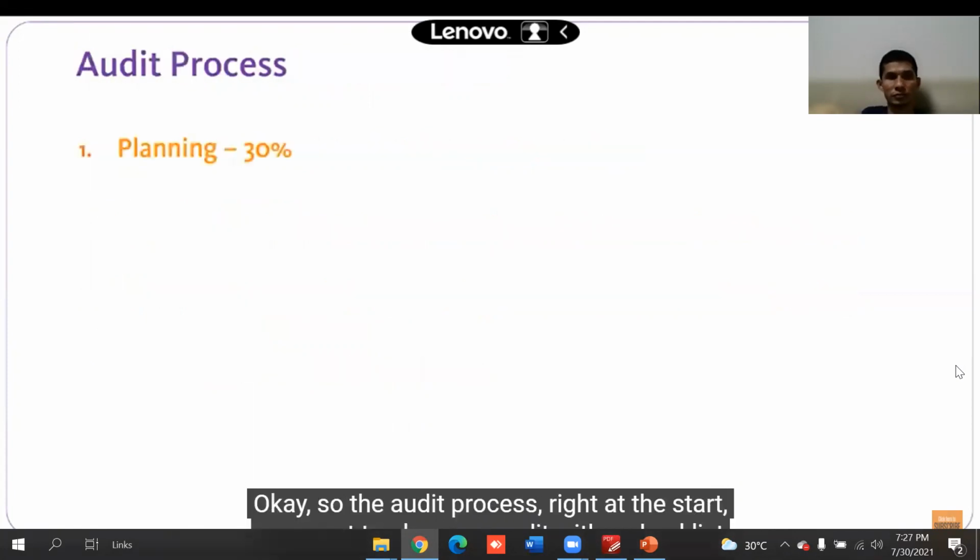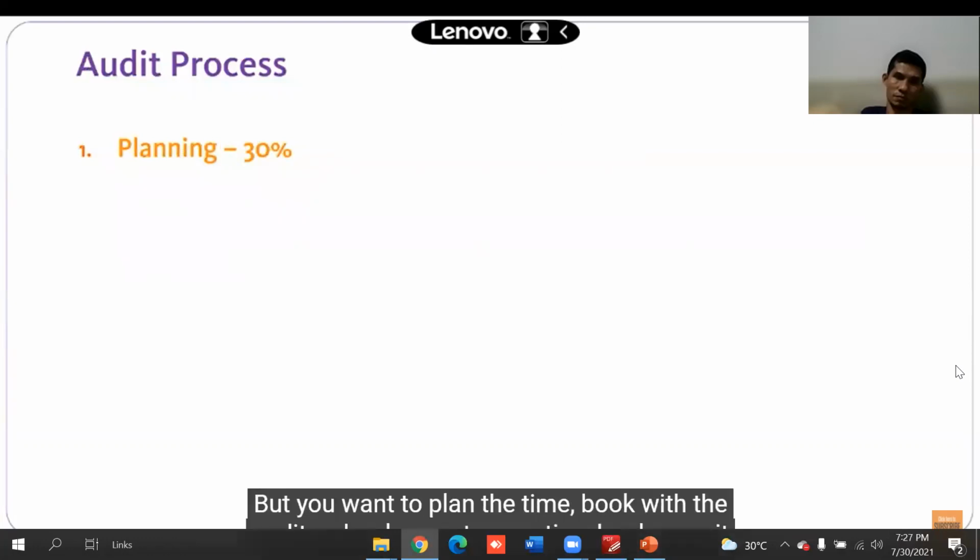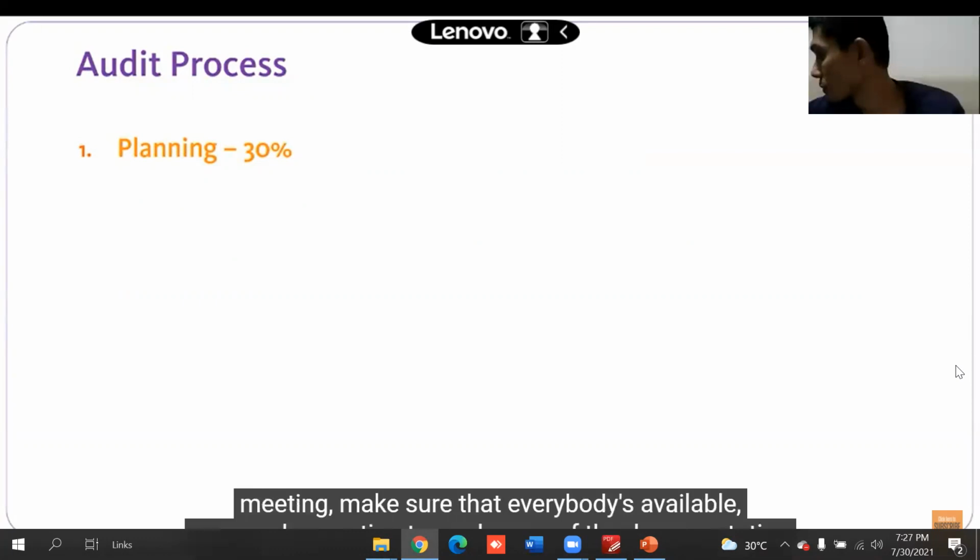Okay, so the audit process, right at the start, you want to plan your audit with maybe a checklist or a whole bunch of questions that you want to ask during the audit. But you want to plan the time, book the auditee, book an entry meeting, book an exit meeting, make sure that everybody's available, and that you may be wanting to read some of the documentation before you turn up on site.